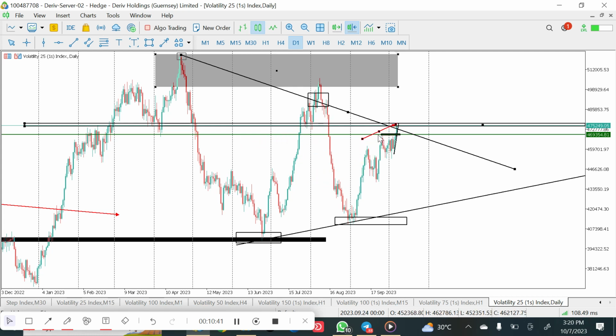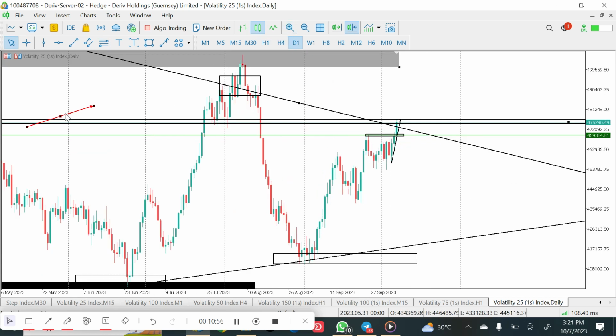So we are getting some retest to the area, which is also in line with our trend line. Okay, so what I'll be expecting is for price to sell a bit into this area of resistance that price just broke out of.